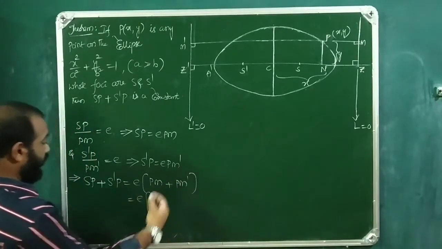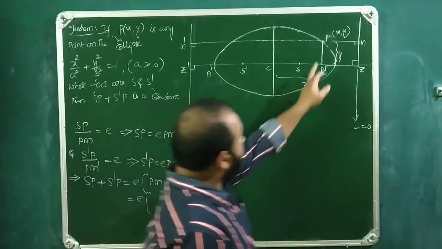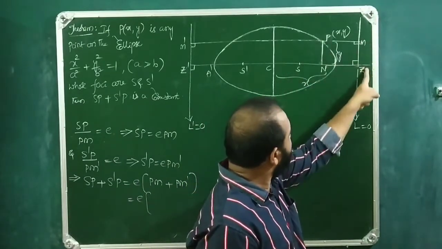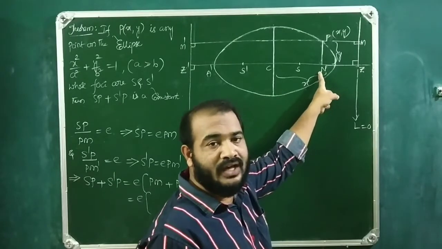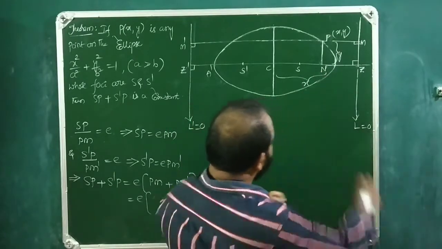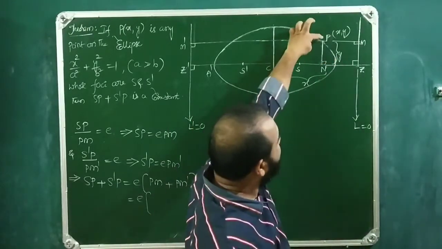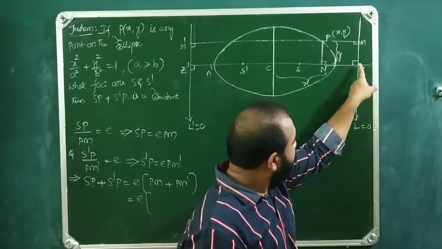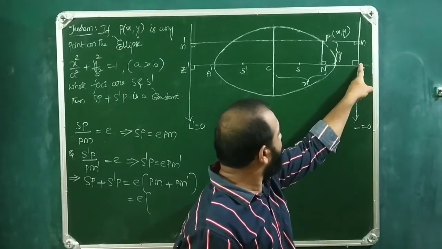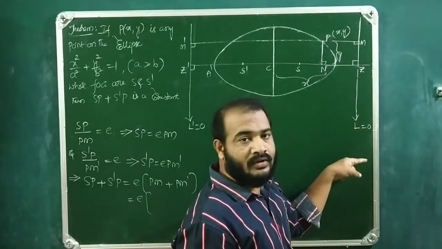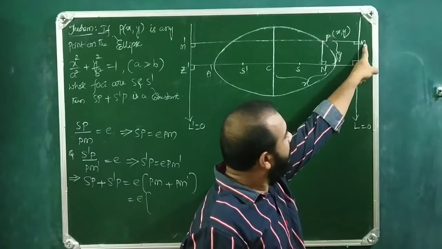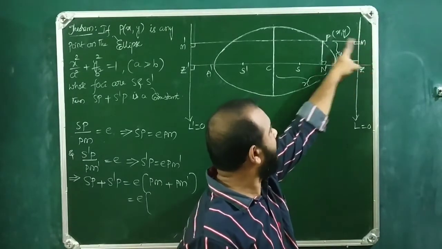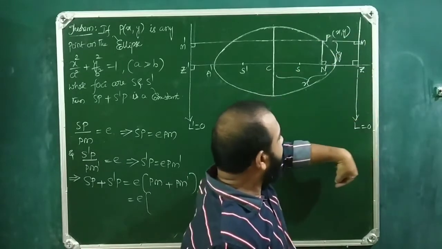So e into PM. PM is equal to NZ, because PMZN constitutes a rectangle. N is the projection of P on the major axis, Z is the foot of the directrix of S, and M is the perpendicular from P onto the directrix.